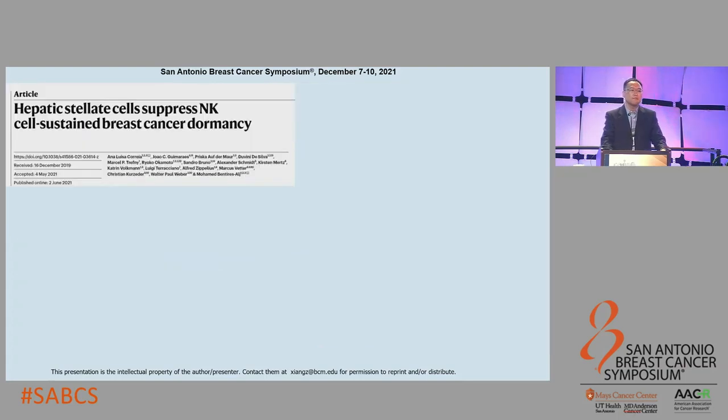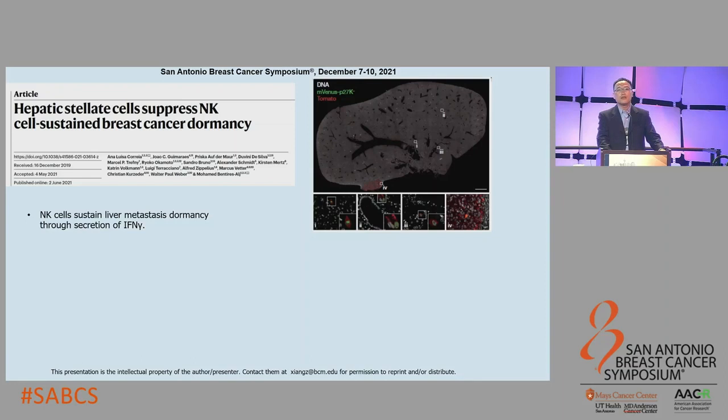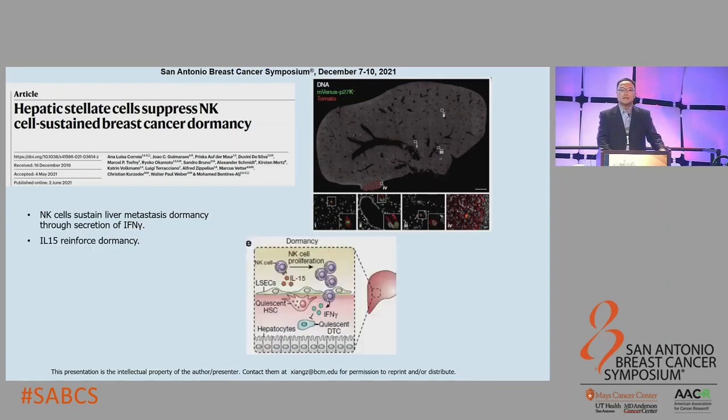Let's then switch a little bit to talk about a distinct stage of metastasis, which is dormancy. Dr. Mohamed Bentires-Alj's lab showed that in the liver, NK cells are responsible for maintaining disseminated tumor cells in a dormant state. And this is mainly through secretion of interferon gamma.